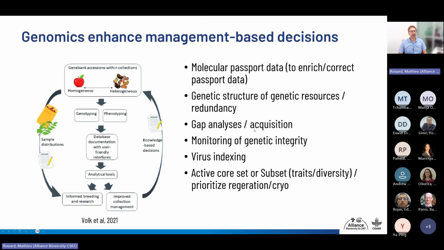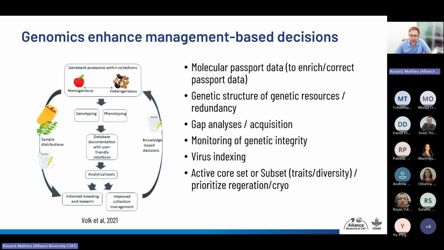So just to give the context, over the past years, genomics has become more and more important in the management of GenBank accessions. It is now part of routine operation to characterize, to genotype the accessions, and to combine this information with phenotyping data.